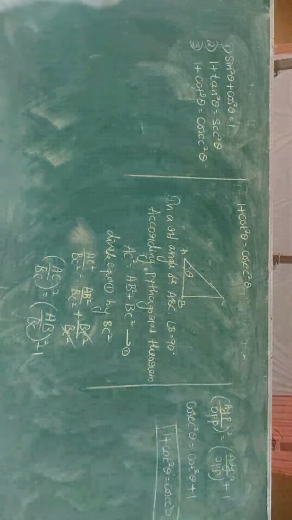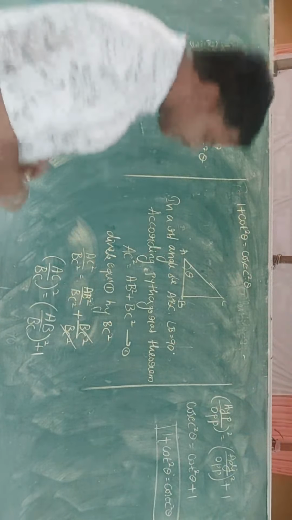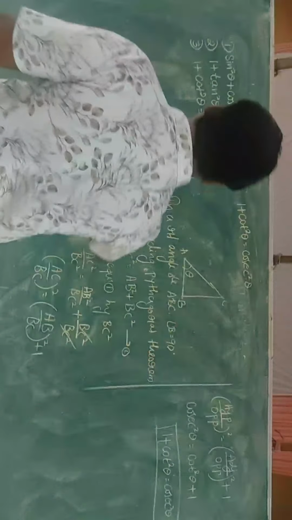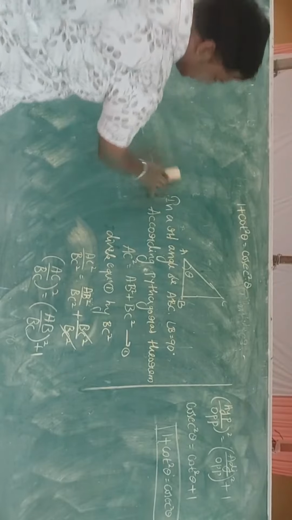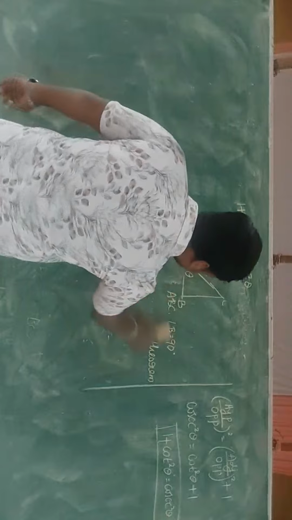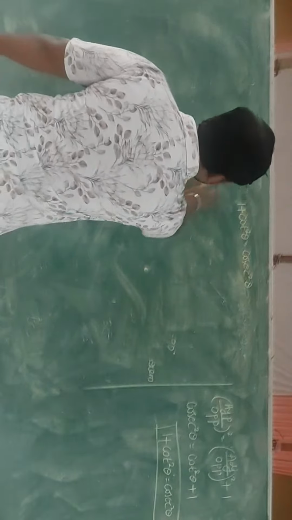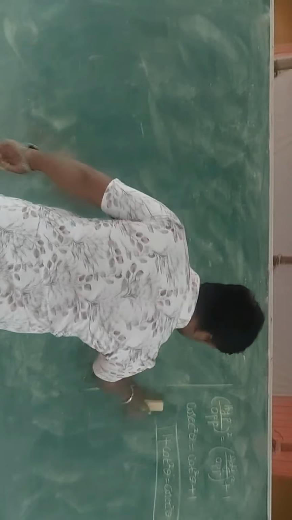Till now we have learned the trigonometric functions: sin theta, cos theta, tan theta, cosec theta, sec theta, cot theta, and some important relations. Sin theta is equal to 1 upon cosec theta, and cosec theta is equal to 1 upon sin theta.